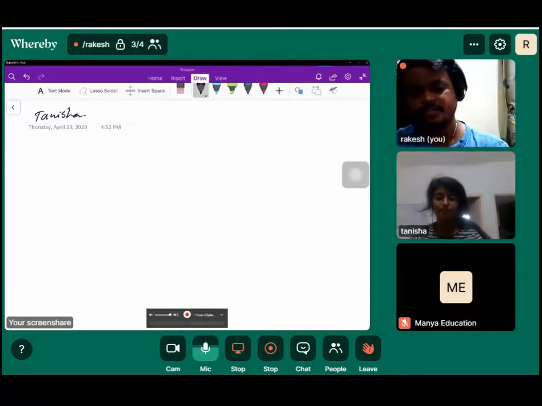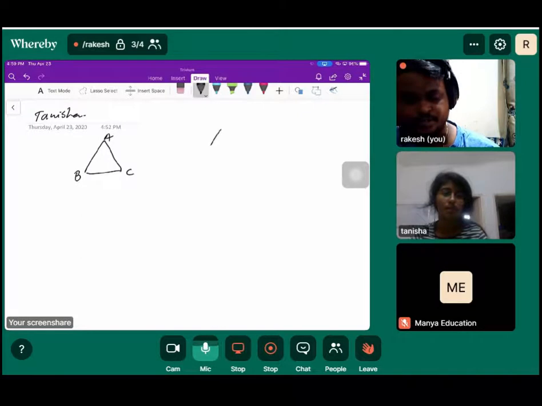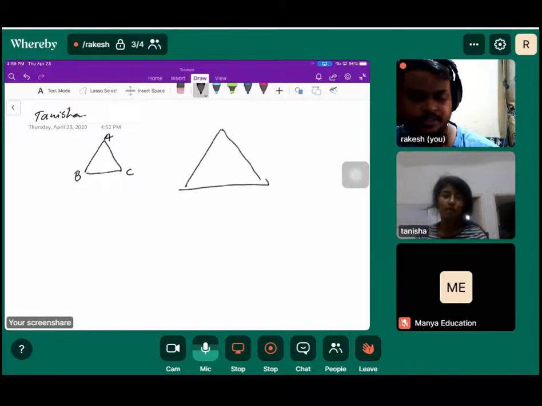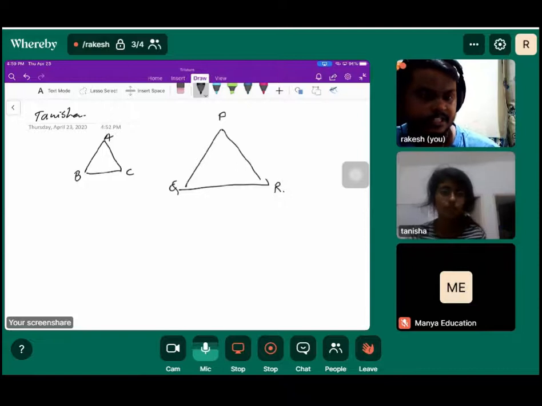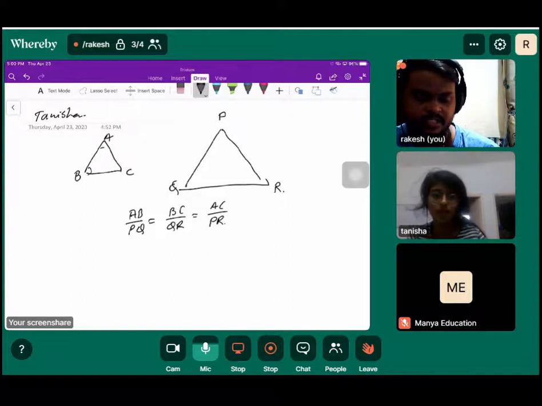So basically, when two triangles are similar, like ABC is similar to PQR, it means their sides are in the same ratio, right? AB upon PQ is equal to BC upon QR is equal to AC upon PR, and their corresponding angles are equal, right?